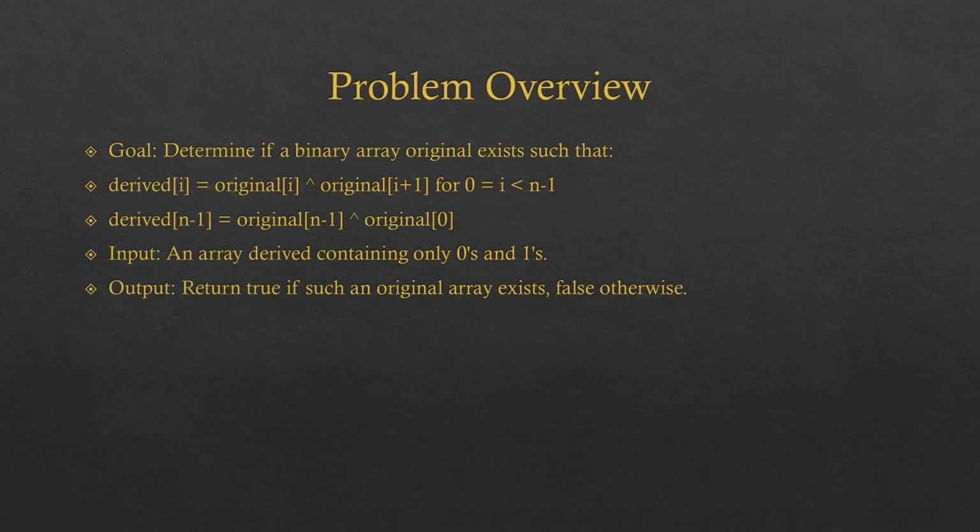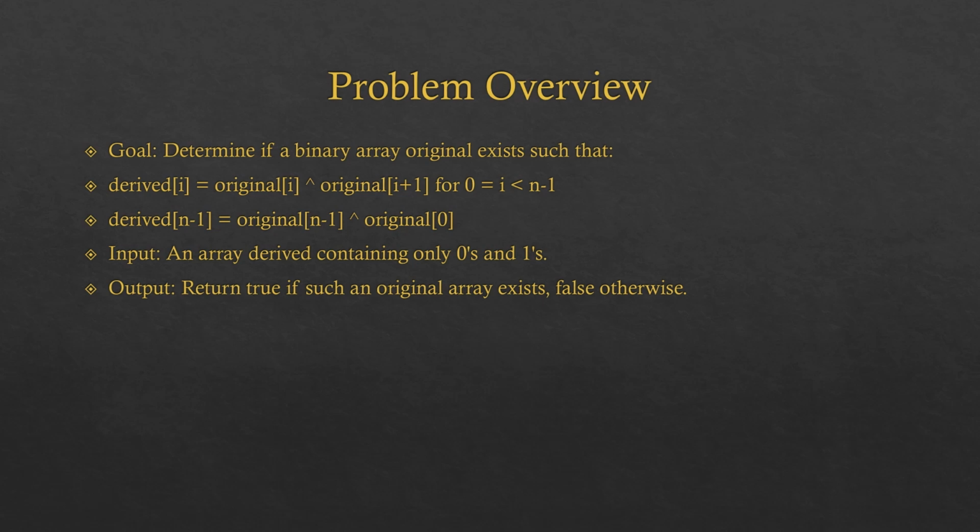The goal of this problem is to determine if a binary array original exists such that for every element in the array, the following conditions hold. For each index i, derived[i] equals the XOR of original[i] and original[i+1] for indices from 0 to n-2.